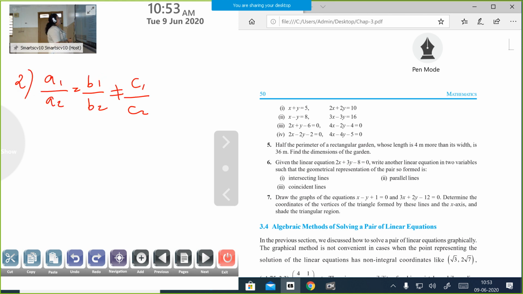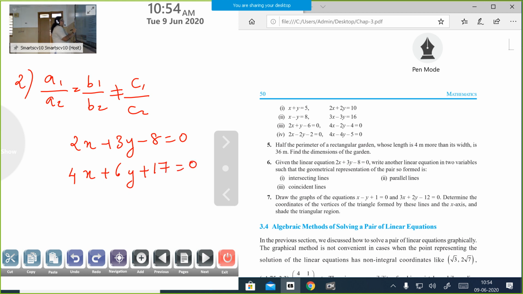We can form another equation. The given equation is 2x plus 3y minus 8 is equal to 0. Then another equation, 4x plus 6y plus 17 is equal to 0.